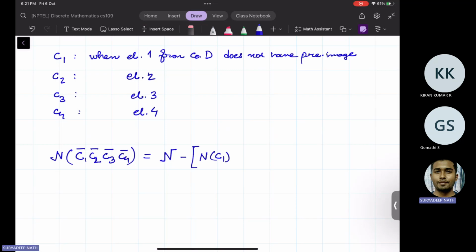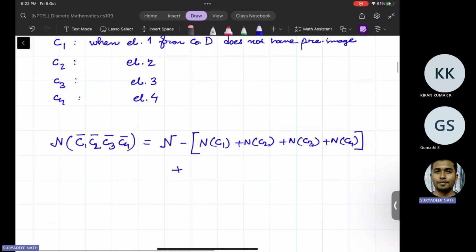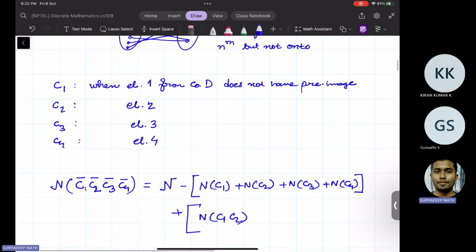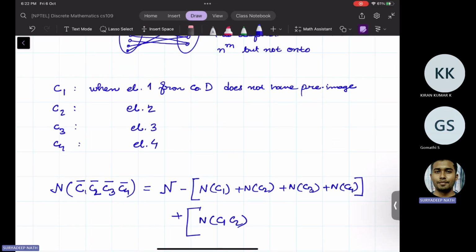So we'll sum it up like this: n of C1 plus n of C2 plus n of C3, n of C4, plus we'll have the two combinations. So n of C1, C2, where C1, C2 means that both element 1 and element 2 do not have a preimage in the domain.